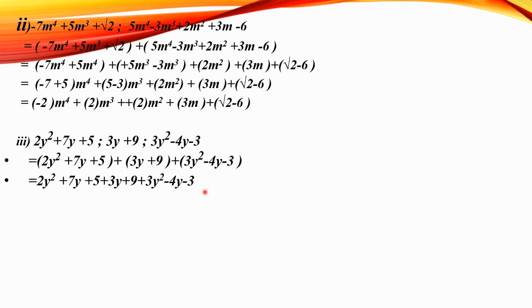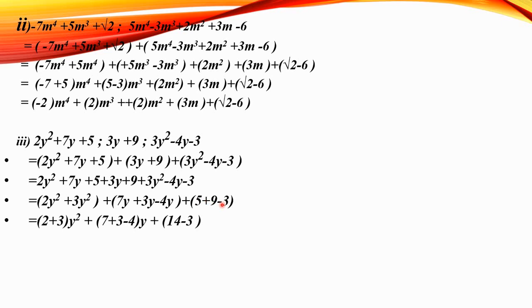Arranging the like terms, we get 2y square plus 3y square plus 7y plus 3y minus 4y plus 5 plus 9 minus 3. Now, solving it, we get 2 plus 3 as the coefficient inside the bracket, y raised to power 2 plus 7 plus 3 minus 4 inside the bracket, y as the variable outside, plus inside the bracket 5 plus 9 will be 14 minus 3 inside the bracket.